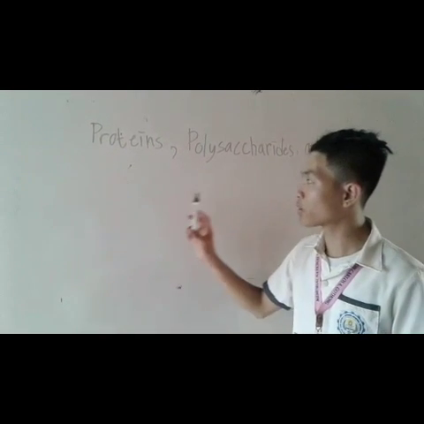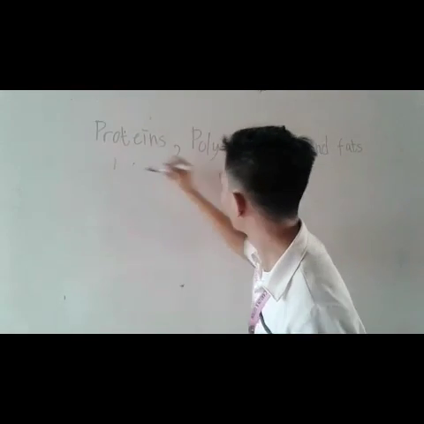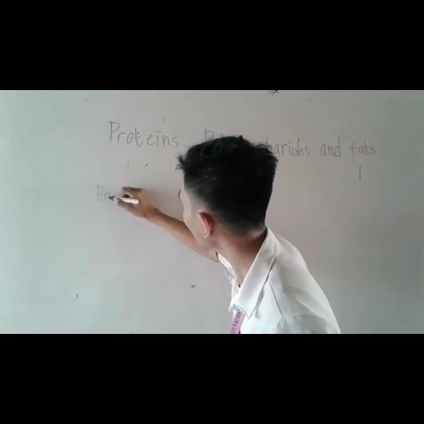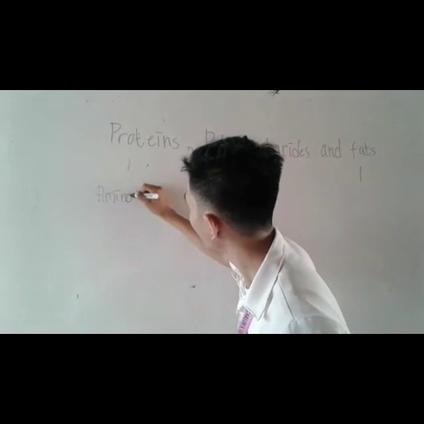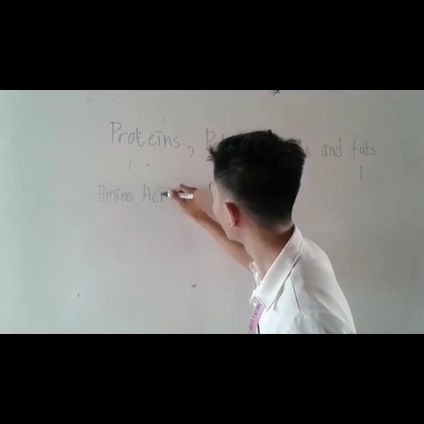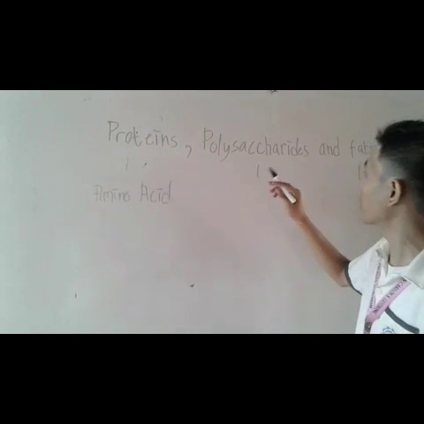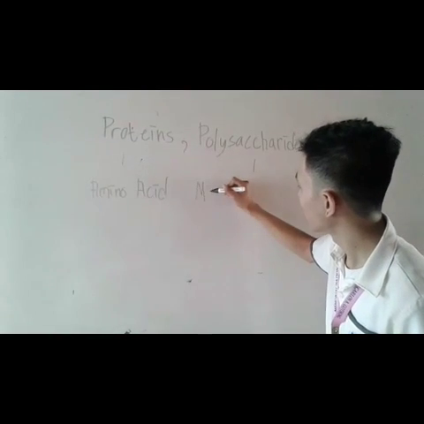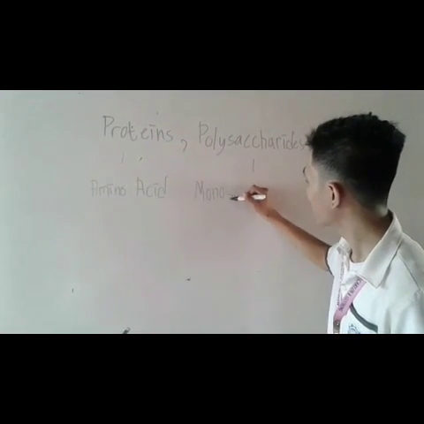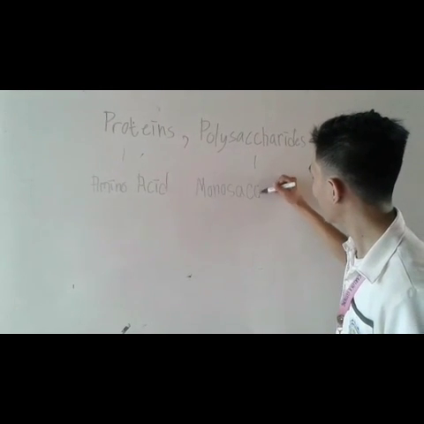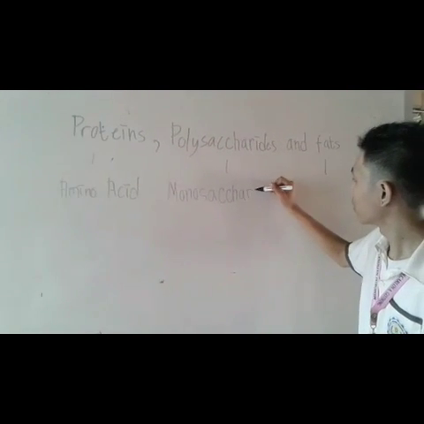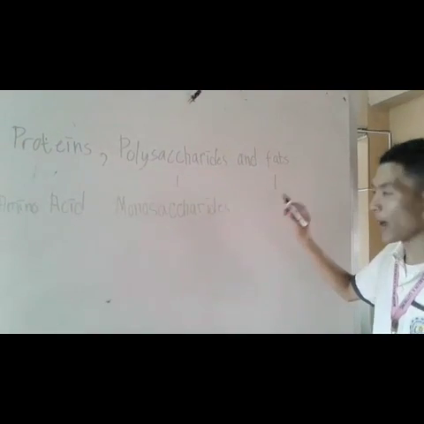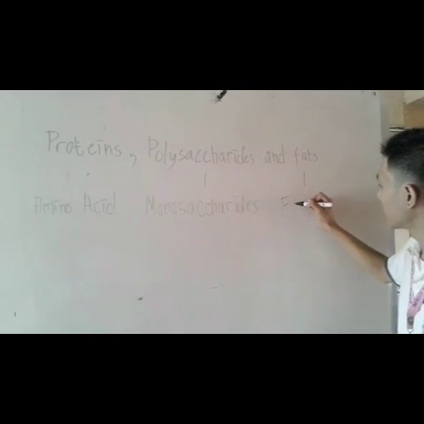So this is the ATP structure. Proteins are composed of amino acids. The second one is polysaccharide. Polysaccharide is composed of monosaccharides. And the last one is fats. Fats are composed of fatty acids.